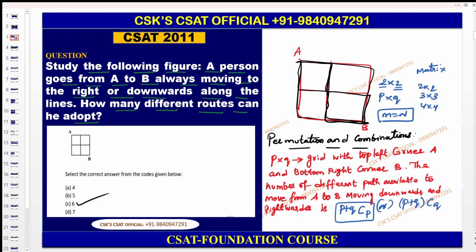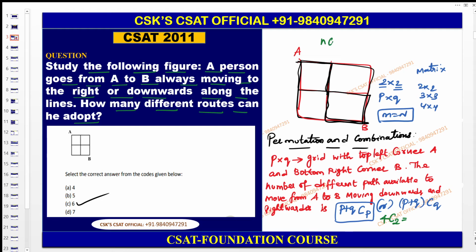Now try to understand this one. What is P plus Q in this case? 2 into 2, right? So 2 into 2 means P plus Q becomes 4. The P is 2, Q is 2. You can take anything. So therefore 4C2. You know the combination shortcut you learned in your foundation.